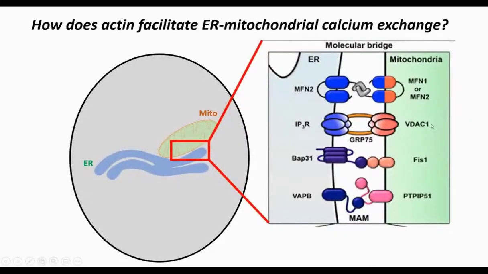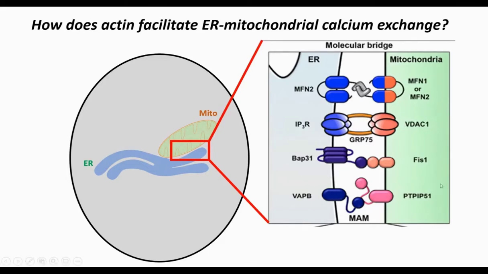We wanted to test this in a different way. I told you that there are pairs of proteins on ER and mitochondria that help form this molecular bridge. And let me remind you, these are not very static bridges. These are very dynamic structures which can form and disentangle again. They are required in certain places, and when not required, they disentangle from each other.